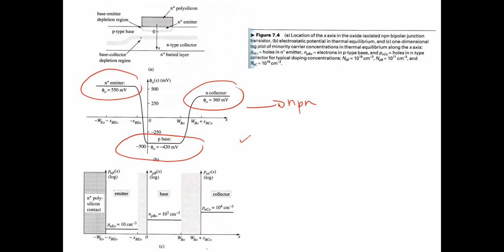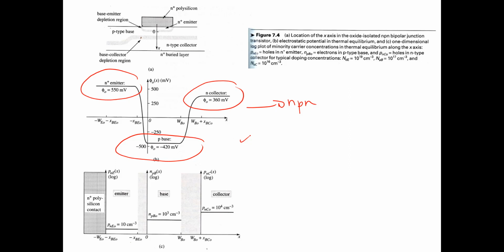So basically we want to deliver a current from the collector to the emitter, or in the NPN we deliver electrons from the emitter to the collector, by controlling the current using the base terminal.